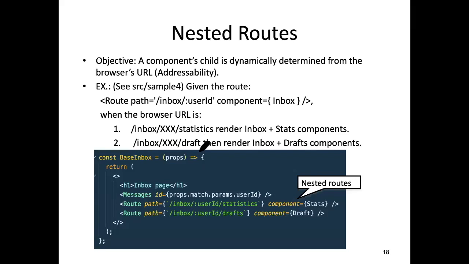So here's an excerpt from the inbox component, and you can see as part of its JSX, we actually have route entries. The route entries refer to the particular child that I want to have mounted in addition to the inbox. So let's see the sample in action.